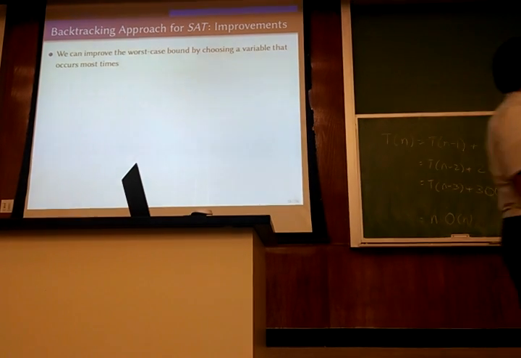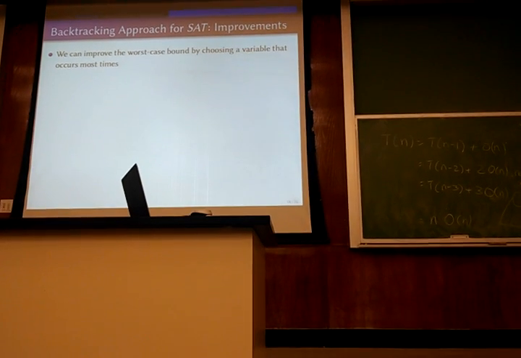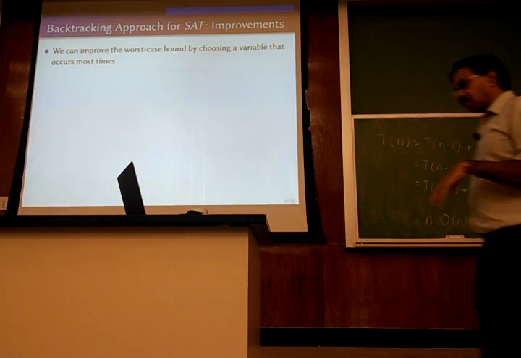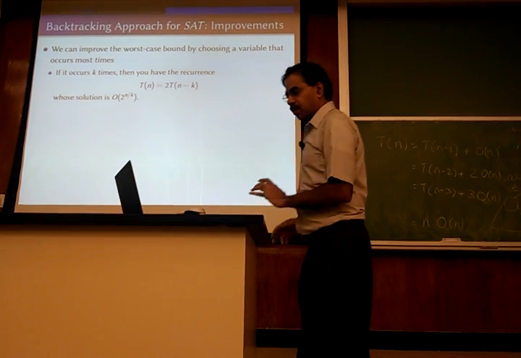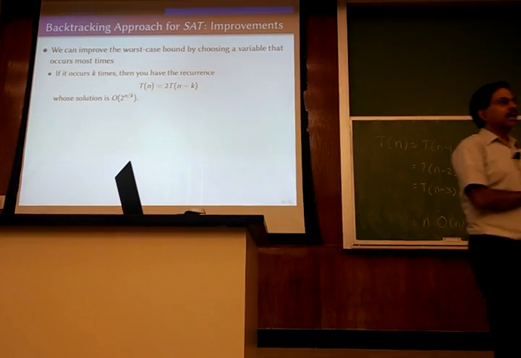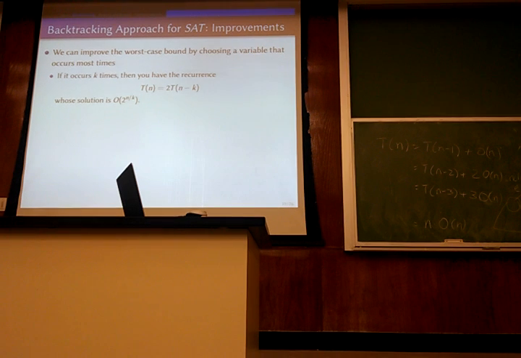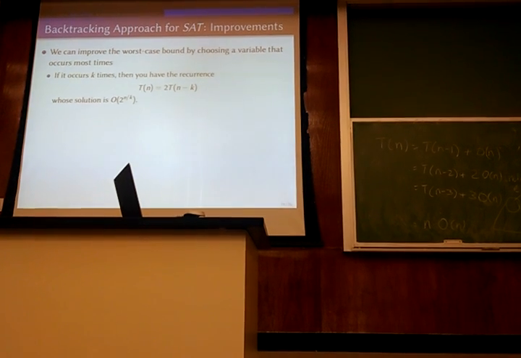We want algorithms that are systematic, but it doesn't mean that we don't like to use heuristics at all. So one heuristic we could use is to say, let me pick a variable that occurs many times.